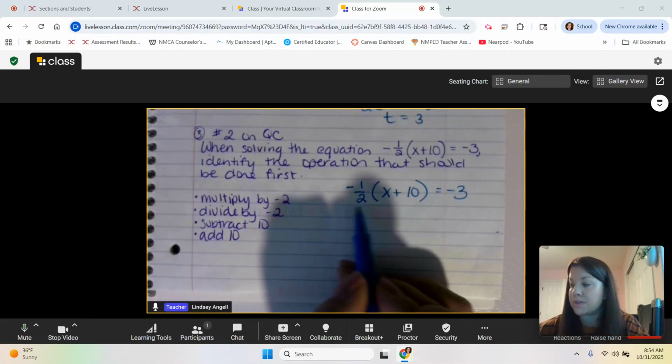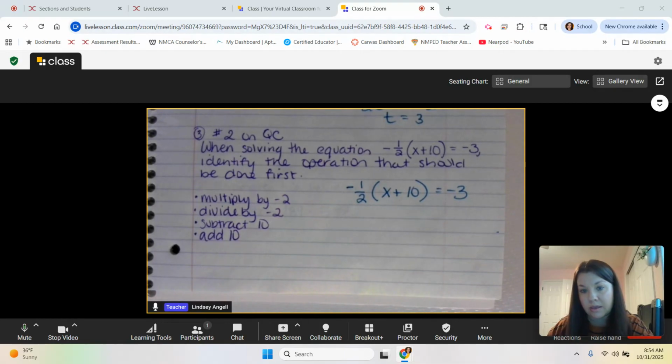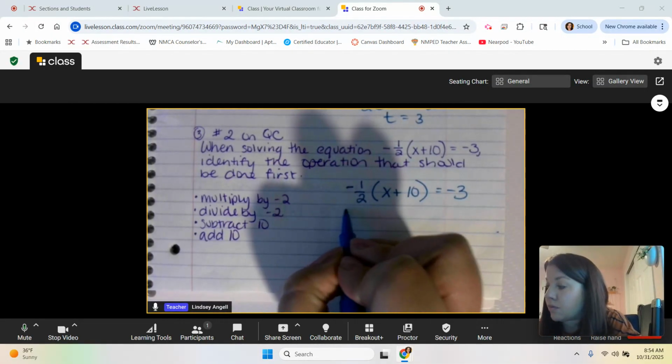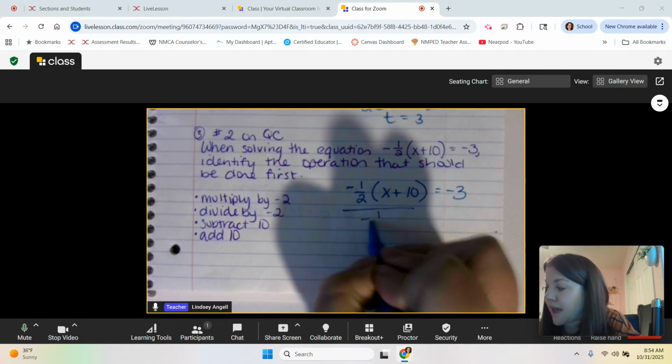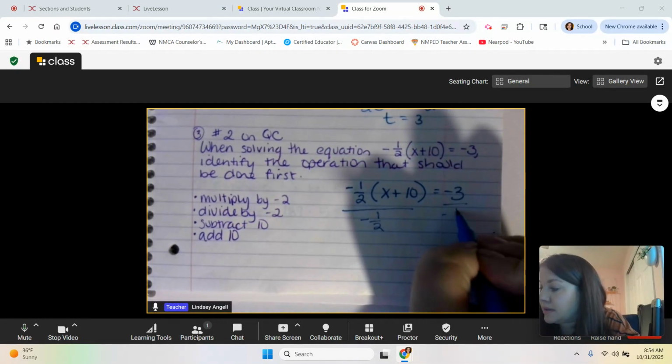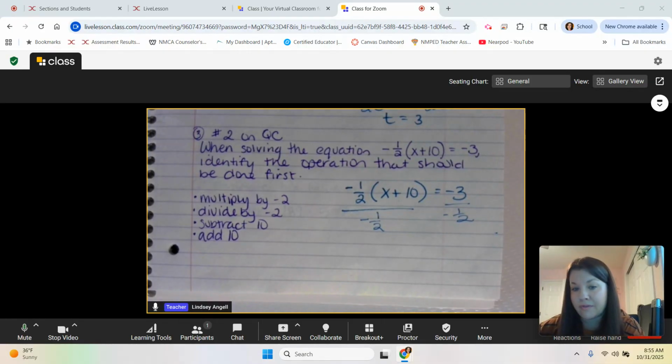Right now I'm multiplying the entire thing by -1/2. So that's going to be the first thing I get rid of, which would be to divide both sides by -1/2, but that's not one of the options.